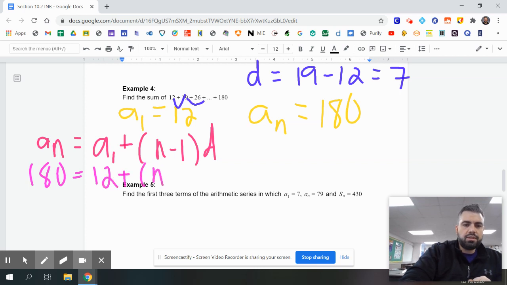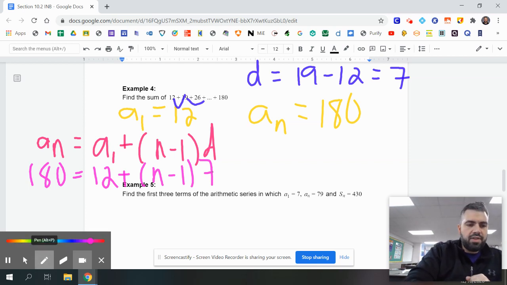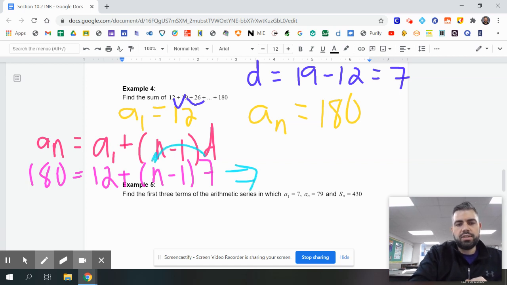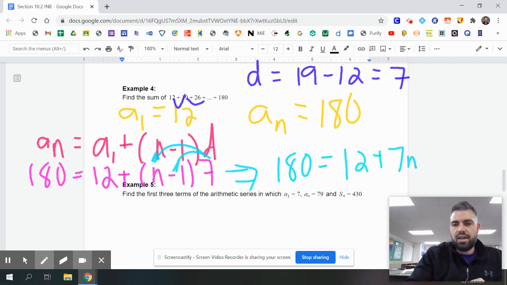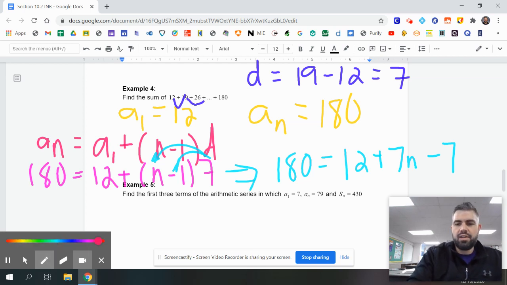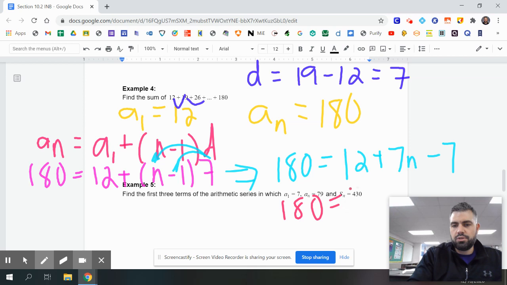We don't know what n is, but we do know that the common difference is 7. So how can we evaluate this a little bit more? Well, we're going to distribute the 7. And so we end up getting 180 is equal to 12 plus 7n minus 7. Now, if we combine our like terms, 12 and negative 7, that ends up being 5. So we get 180 is equal to 7n plus 5.